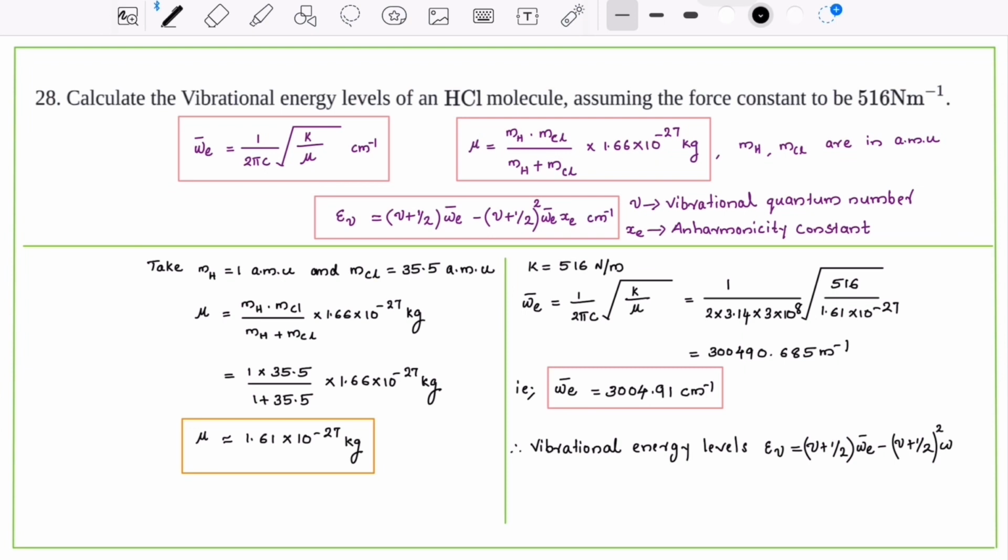We have evaluated ω_e bar as 3004.91 centimeter inverse. Therefore, the vibrational energy level E_ν is equal to (ν + 1/2) into 3004.91 minus (ν + 1/2)² 3004.91 x_e.